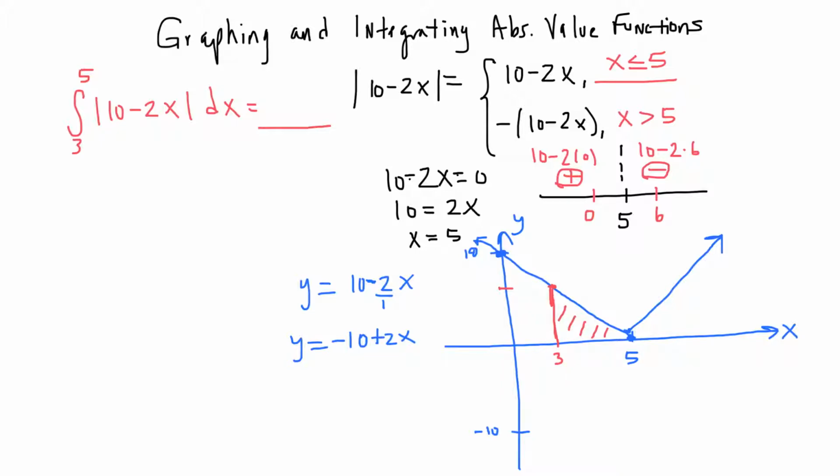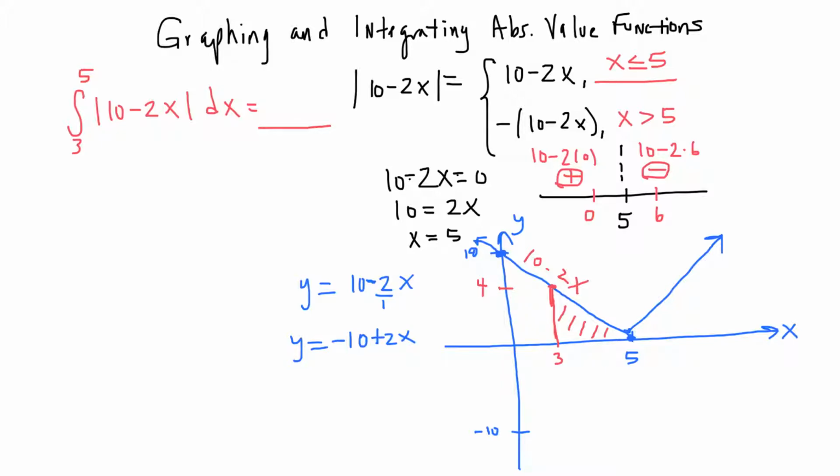And what function am I looking at? Well, it's the first function, which was to the left of 5, when x is less than 5. That's 10 minus 2x. If I plug in a 3, it'll be 10 minus 6, and 10 minus 6 is 4.